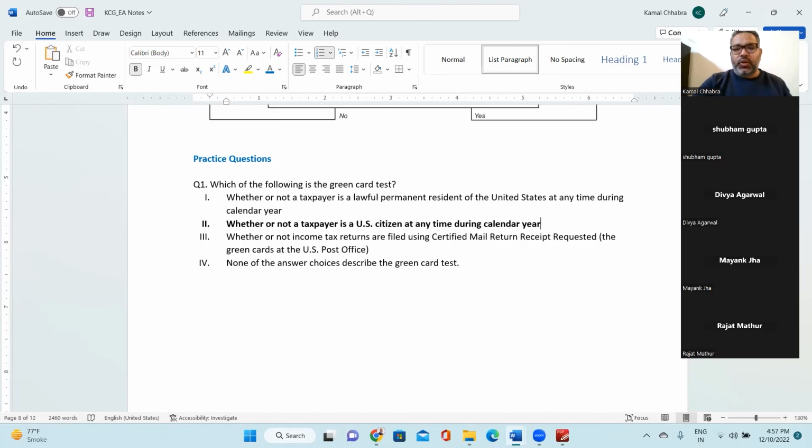Which option do you feel is more appropriate? Number 4. Number 4 is none of the choices describe the green card test. So you're saying 1, 2, 3 are all wrong, Shubham? The fourth will be right only when 1, 2, 3 are wrong.